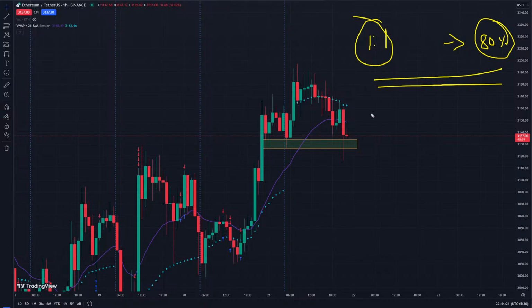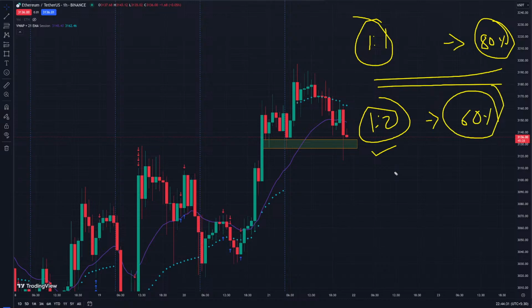Okay, so now if you're targeting 1 is to 2, you will get 1 is to 2, but the accuracy rate drops to around 60%, because out of 10 trades you will get 6 favorable and 4 wrong.